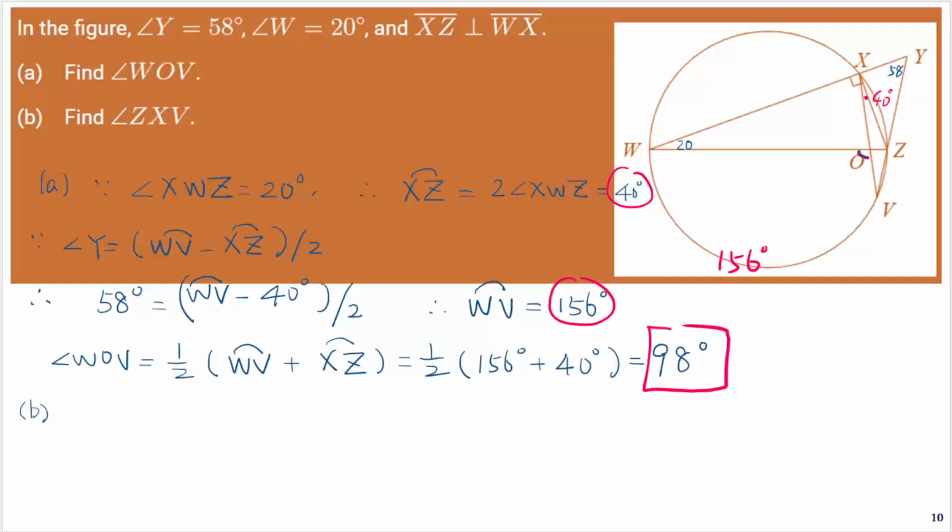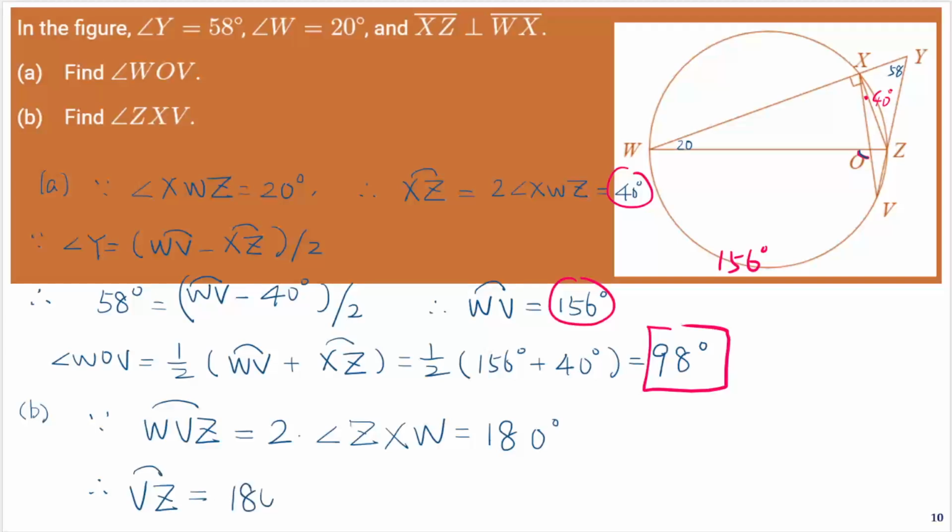So we focus on the arc ZV since we know that the arc WVZ equals twice the angle ZXW, which is 180 degrees. We have the arc VZ equals 180 degrees minus the measure of arc WV, and that gives us 24 degrees, right? Well, this arc here is 24 degrees.